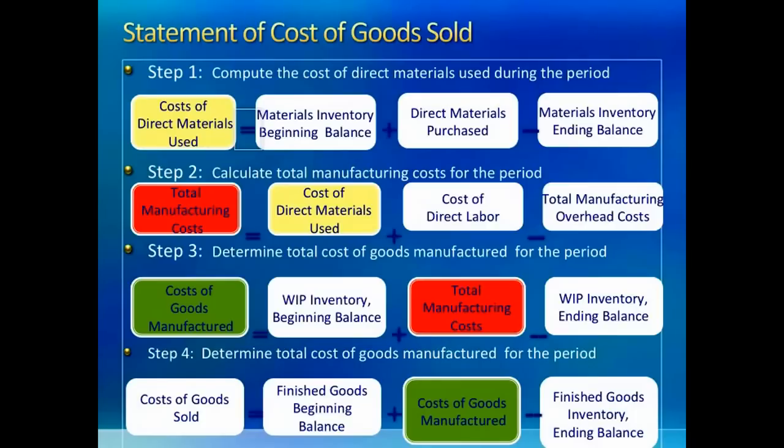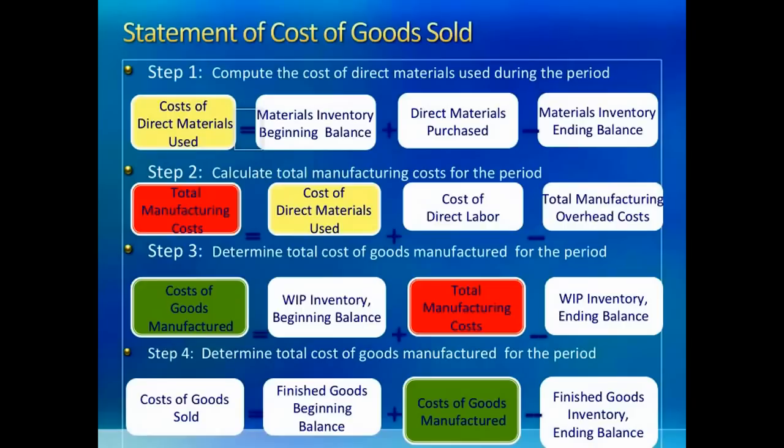Now move to work in process account, where total manufacturing costs are combined with beginning inventory, and cost of goods manufactured is calculated by subtracting beginning inventory out of the total of what we saw on the debit side of the work in process account in the T accounts.